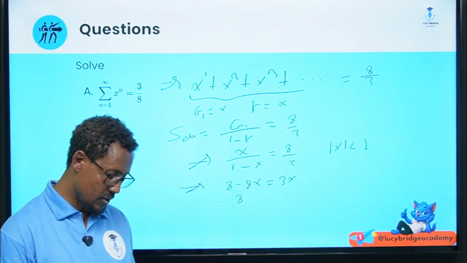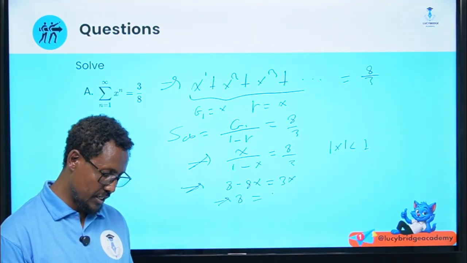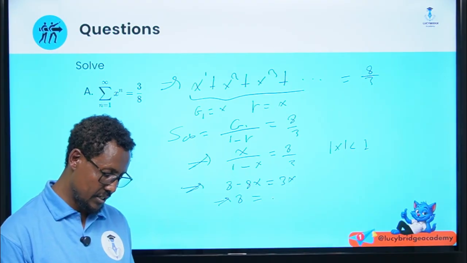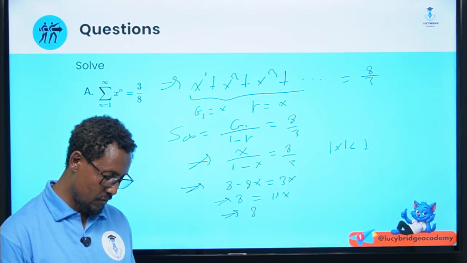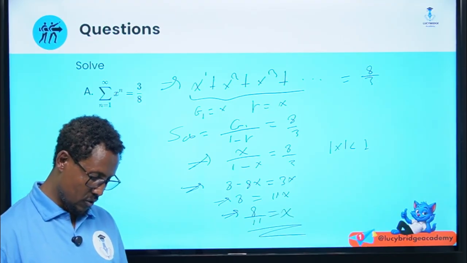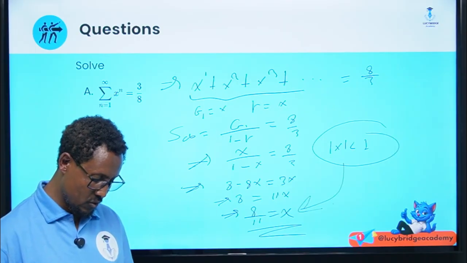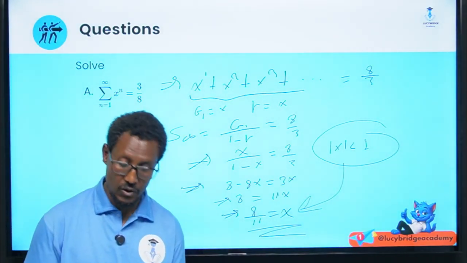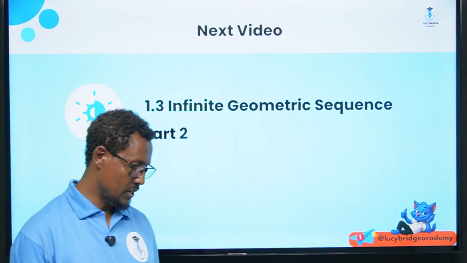Now 8 is equal to 3x plus 8x, 11x. Dividing both sides by 11, 8 over 11 is equal to x. So the absolute value of x is less than 1, which is true. Therefore, x is equal to 8 over 11.